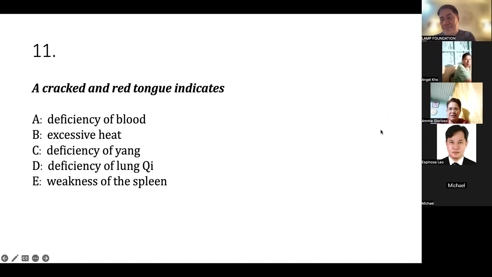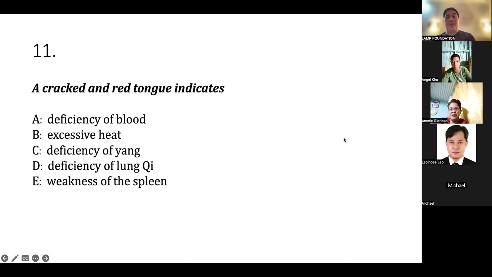Number 11, a crack and red tongue indicates A. Deficiency of blood, B. Excessive heat, C. Deficiency of yang, D. Deficiency of lung qi, and E. Weakness of the spleen. Okay. Nagkakaroon po ng crack and red tongue, indicates letter B, excessive heat.